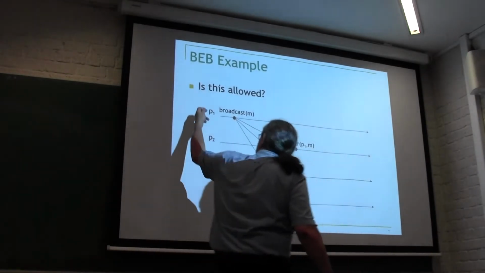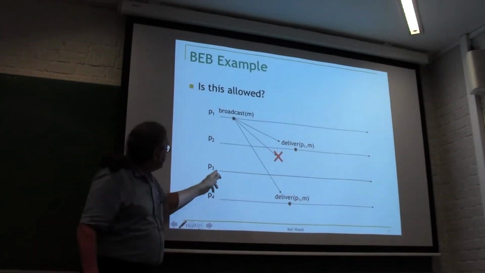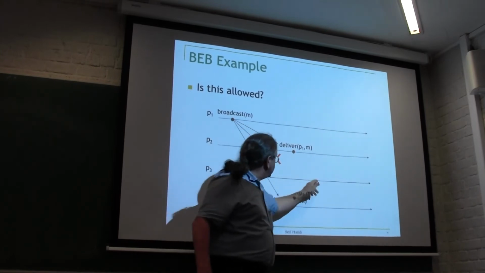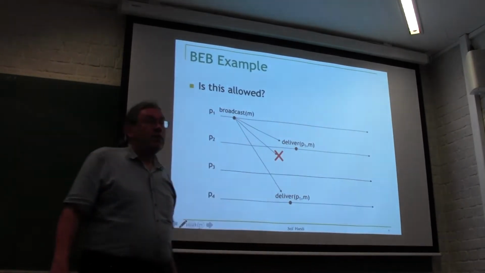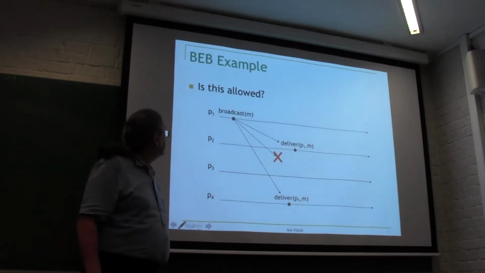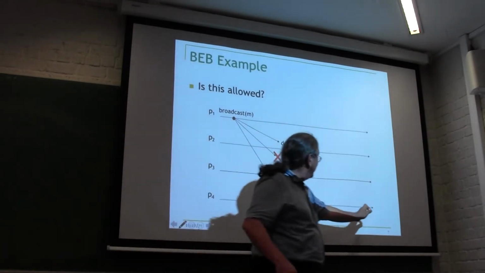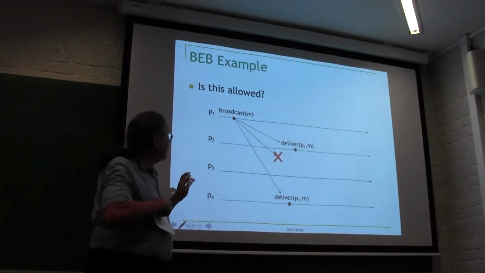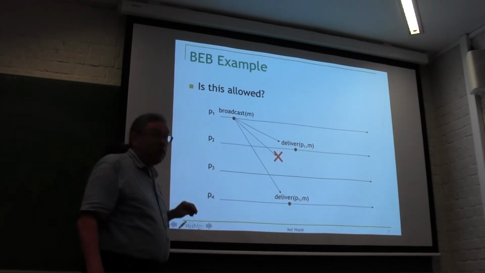In this example, all these nodes are correct. If I don't put a red X on a node, then the node is correct in this notation. Can P1 send a message after? No, the algorithm is done here. It's finished. This is a complete execution of the algorithm, and from this diagram you can tell whether the nodes are correct or not.